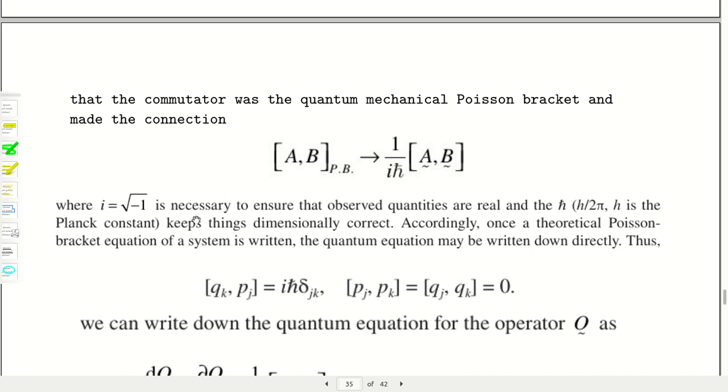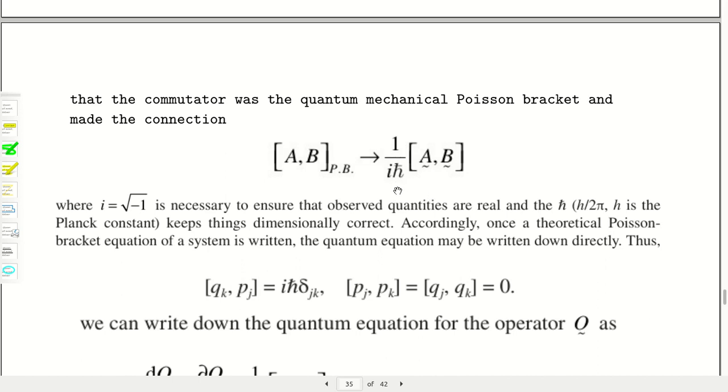So you can see here a basic flavor of quantum mechanics. You can see that the things are very small, because ħ is of the order of 10 to the power minus 34 in SI.